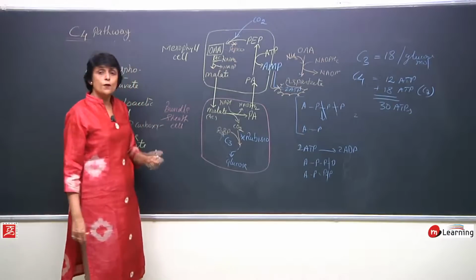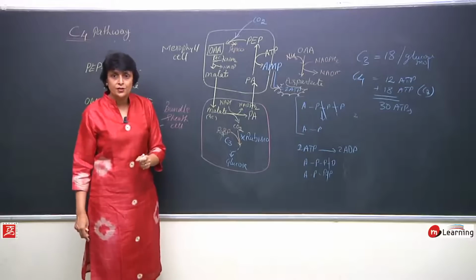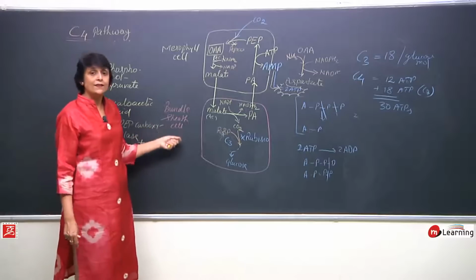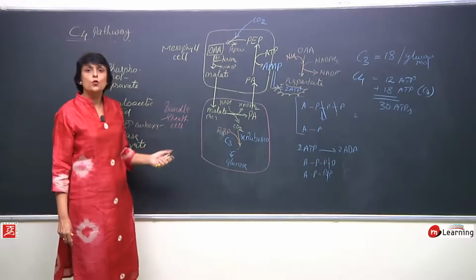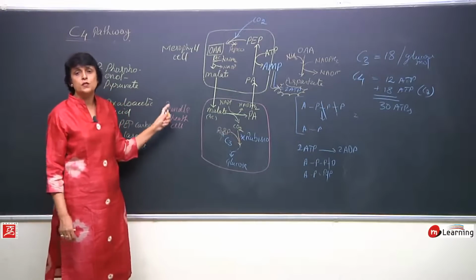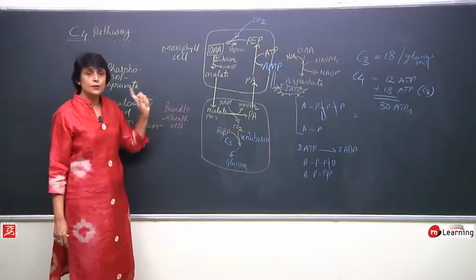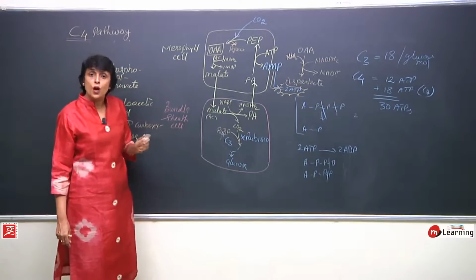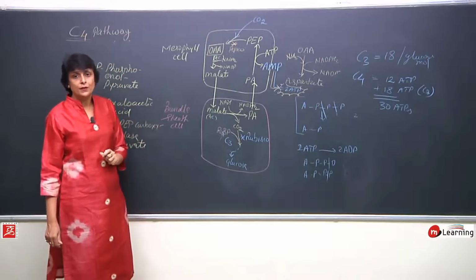So C4 plants, by showing some adaptations like Kranz anatomy and dimorphic chloroplasts, have adapted themselves to overcome all the problems which can exist due to photorespiration. So we can say that C4 plants do not undergo photorespiration.